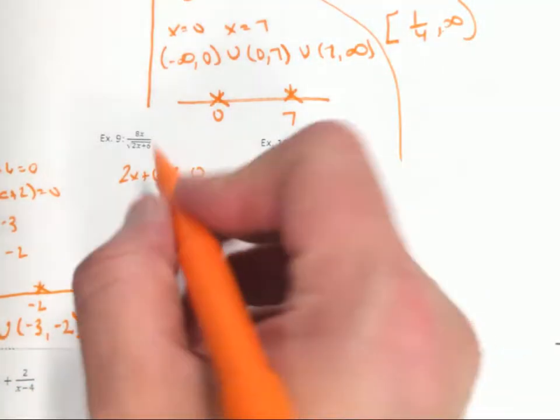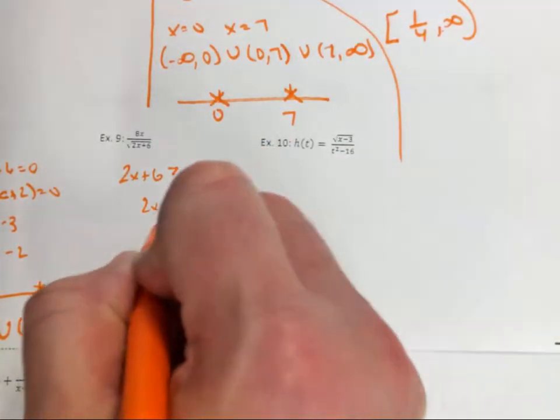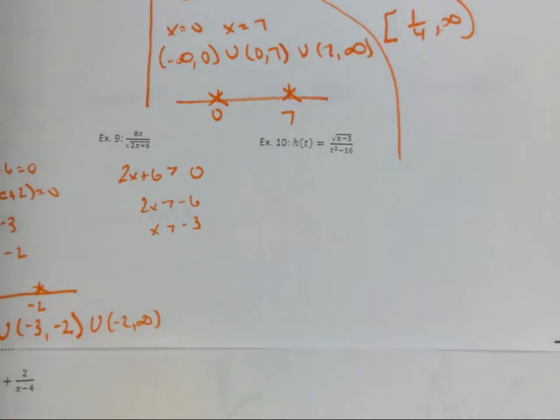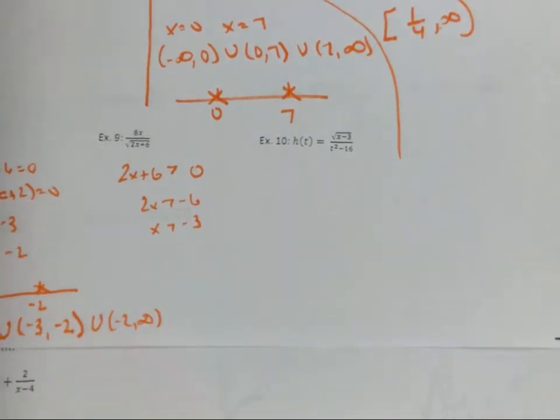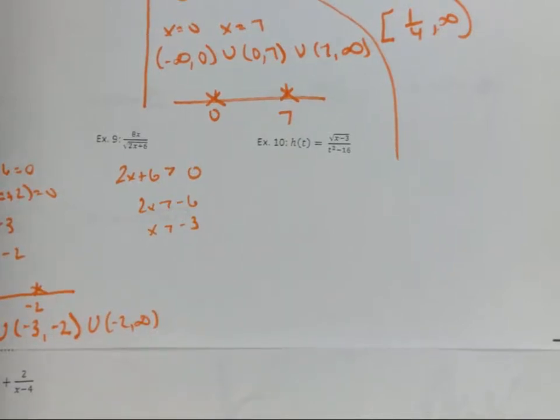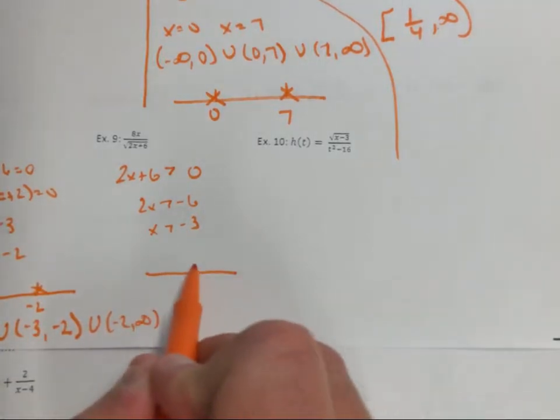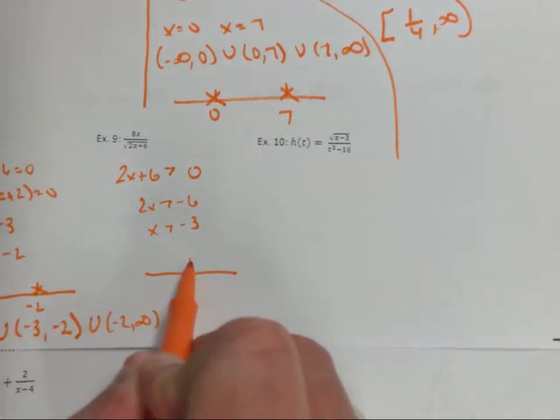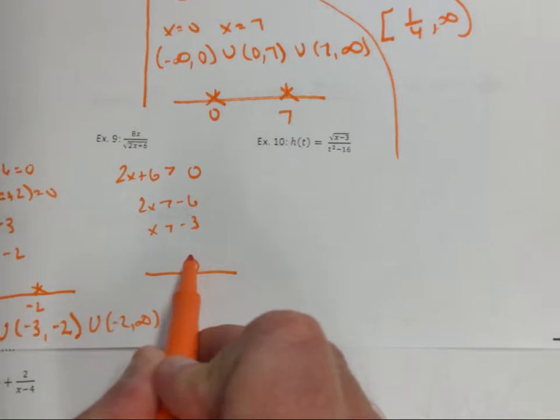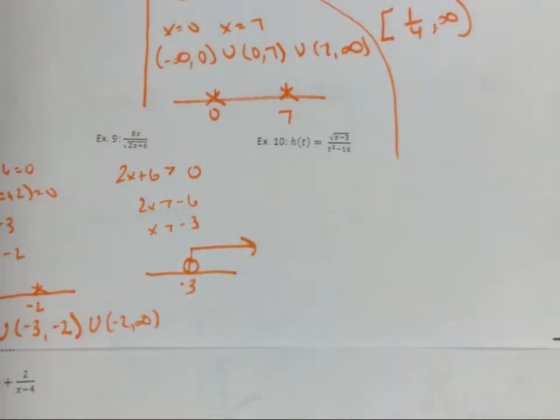Alright, so I'm just going to solve it, and I get x is greater than negative 3. Remember, the only time you flip an inequality is if I divided by a negative 2. But I didn't. I divided by a positive 2, so there's no need to flip anything. So, negative 3, I'm going to put an open dot because it does not have that or equal to.